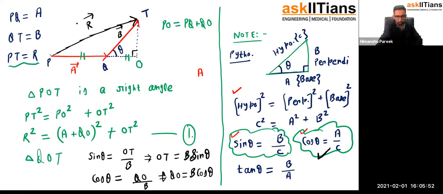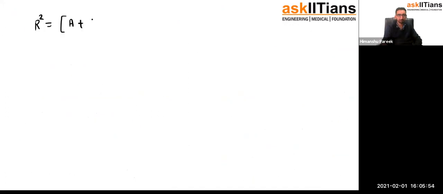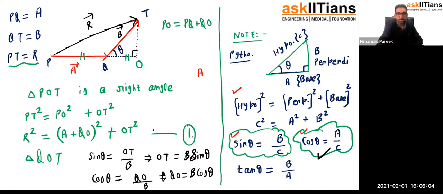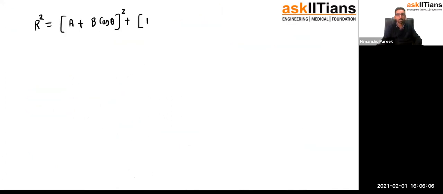So QO is equal to B cos theta, B cos theta whole square, plus OT was equal to B sin theta. So this will become B sin theta whole square.